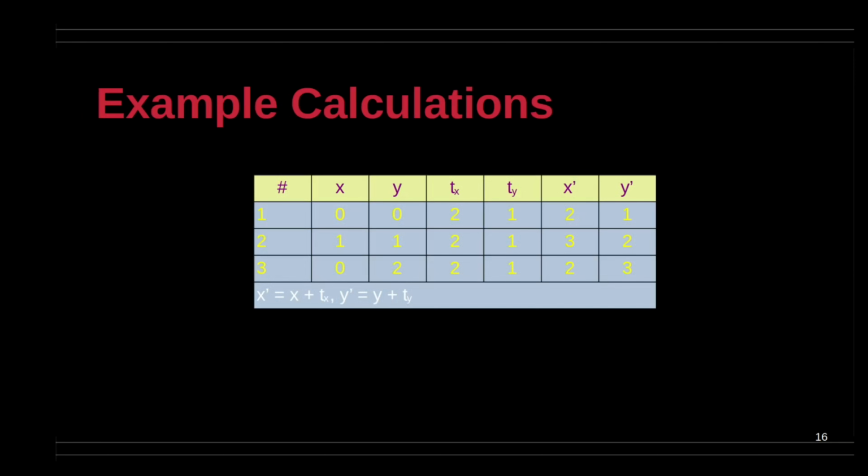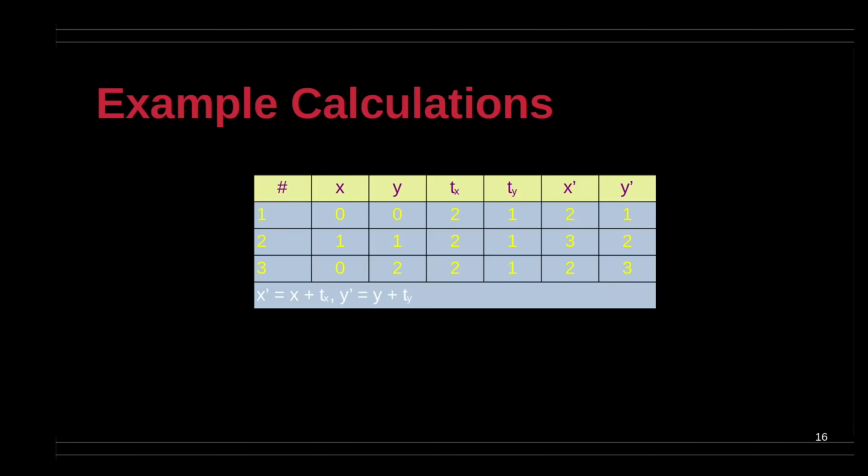Let us perform another set of calculations using basic arithmetic if no other image transformations are at work. We have 3 sets of points at 0, 0, 1, 1, and 0, 2. We will move these points by 2 units horizontally and 1 unit vertically.